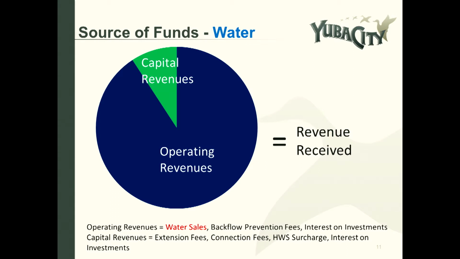So when somebody comes in to connect to city water, if there's a water line existing in front of their home, they would then pay for half of that water line to reimburse the city for the costs associated with constructing that line. Then connection fees, that's a property share of the water treatment plant if they connect to city water, surcharge revenues, and interest on investments.